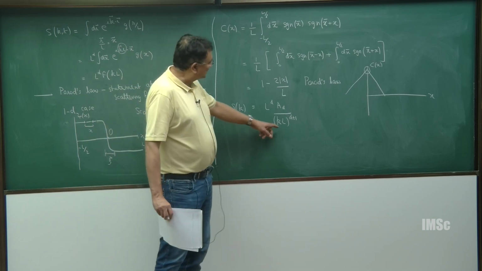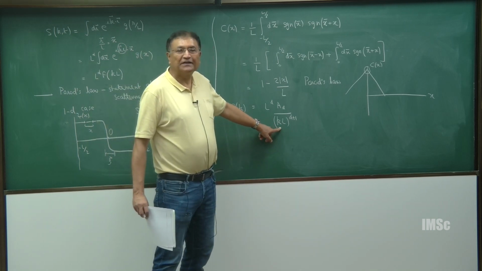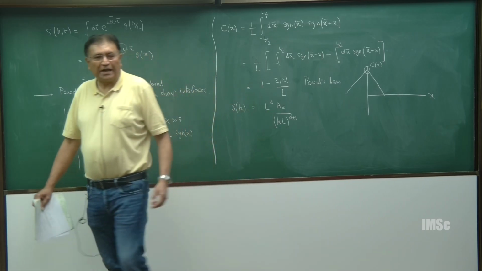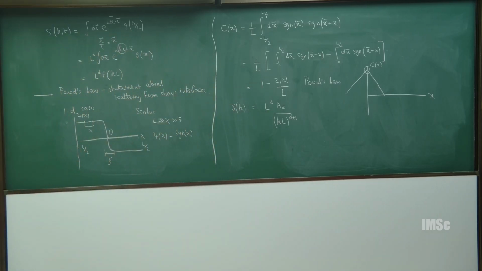In a scattering experiment, you expect a Gaussian tail, but because of the sharp interfaces, you have a power law tail.